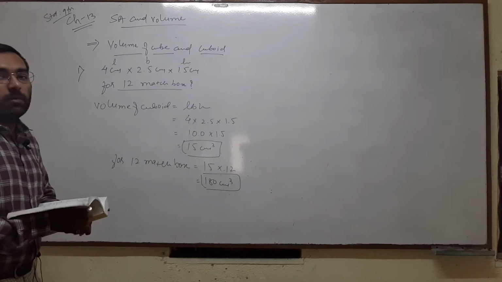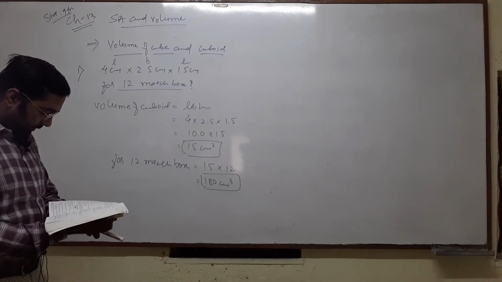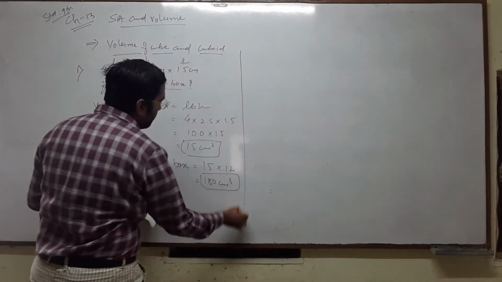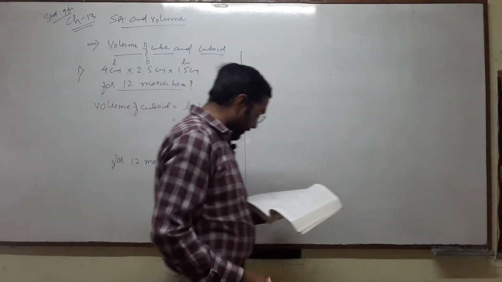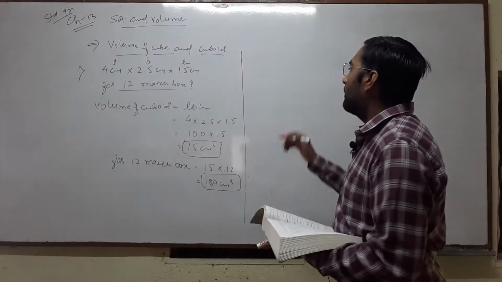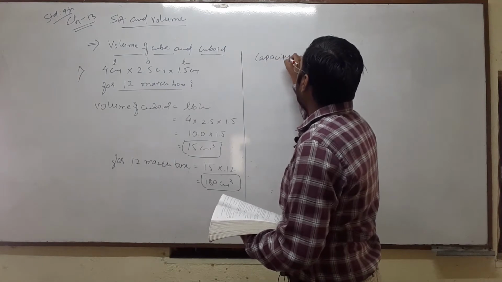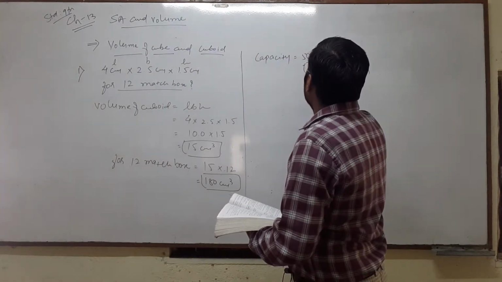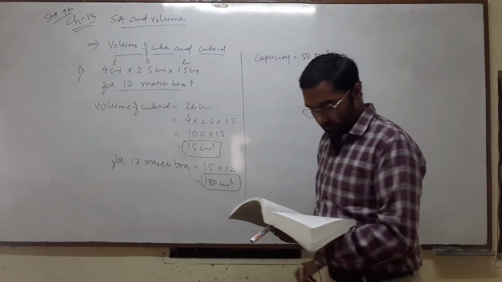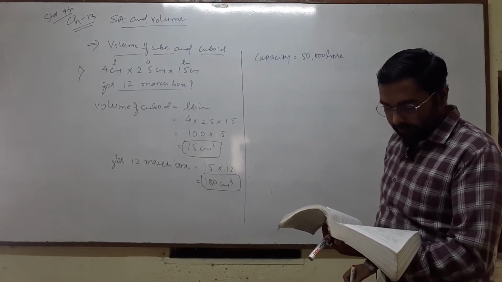Now we are moving on to the second example, second question, that is the capacity of a cuboidal tank. The capacity of the cuboidal tank is 50,000 liter. Okay, here capacity is given, capacity is equal to 50,000 liter. And find the breadth of the tank if its length and depth, that is my height, are respectively given as 2.5 meter and 10 meter.